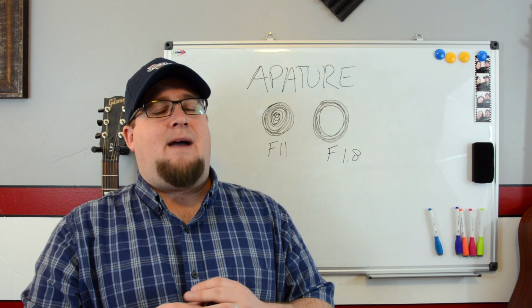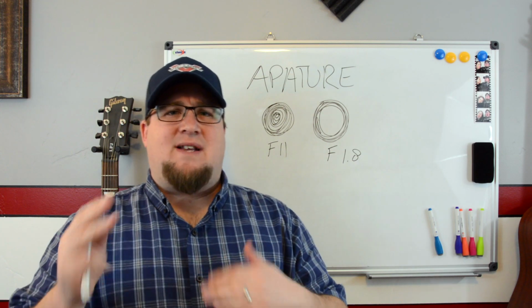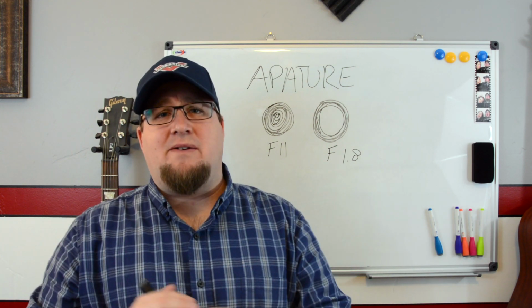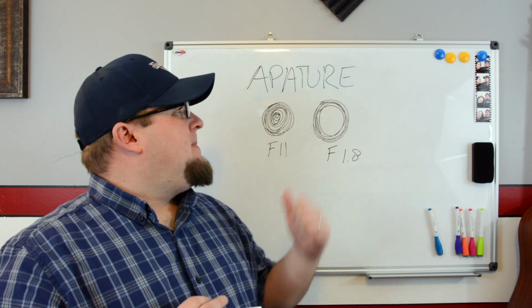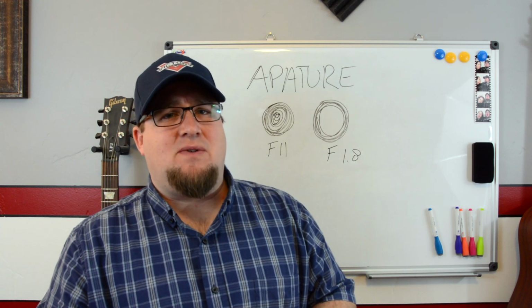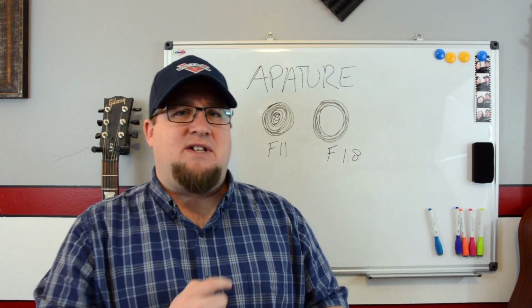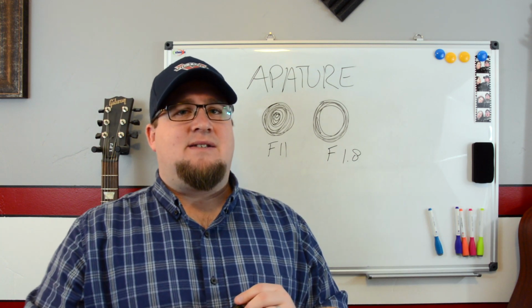The key thing that aperture affects in your image, everything we're going to talk about affects the image differently because there's more than one way to expose an image. It's a combination of 3 things. What aperture affects is your depth of field, and that's just how much of your image can be in focus in relation to how far away it is from the lens.